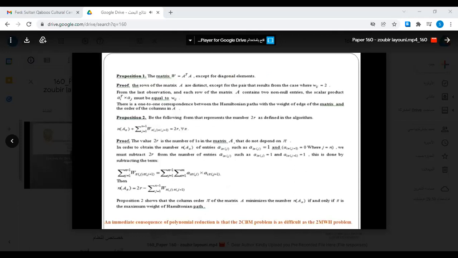We clearly show by proposition 2 that the column order P of the matrix A minimizes the number NAP if and only if P is the maximum weight Hamiltonian path. As a conclusion, an immediate consequence of the polynomial reduction is that 2CBM is as difficult as the 2 maximum weight Hamiltonian problem.